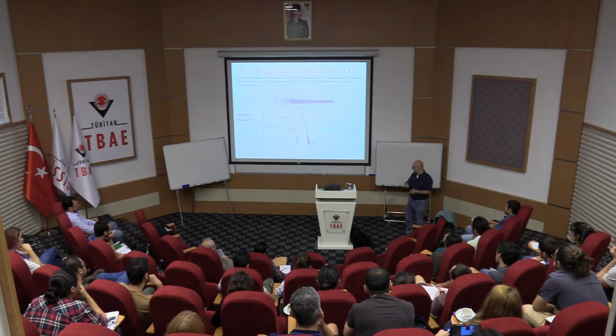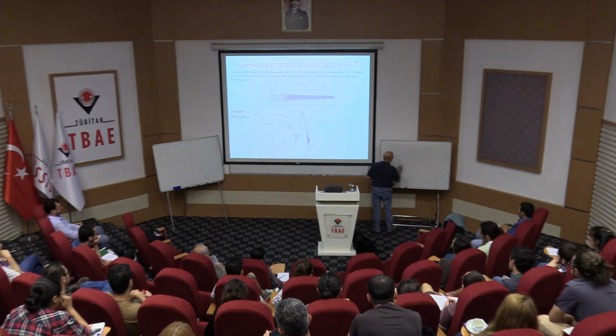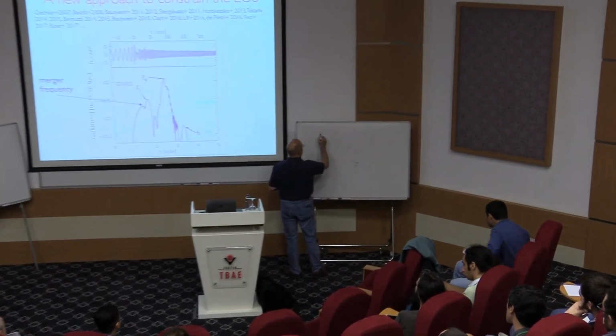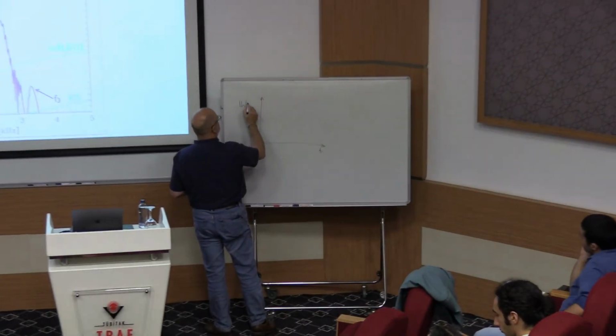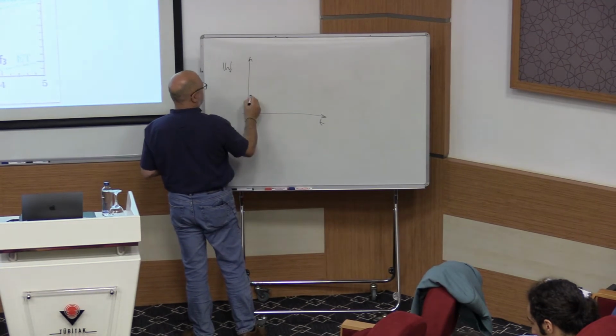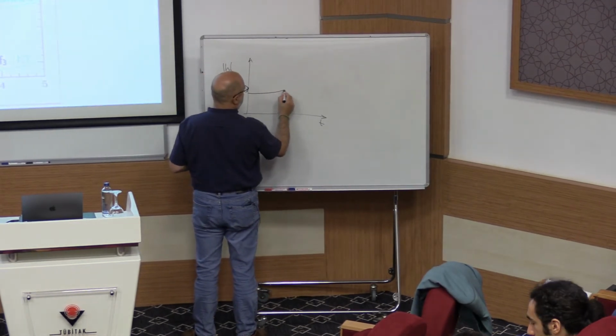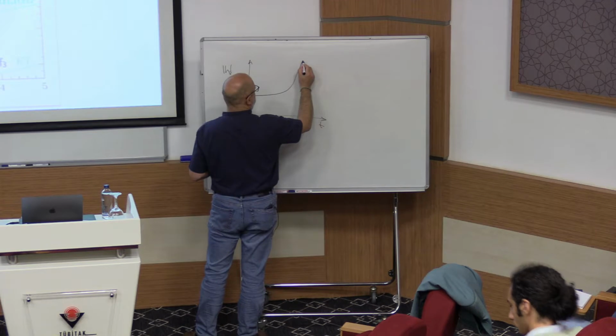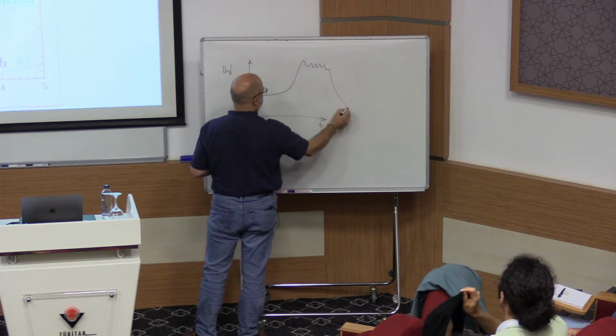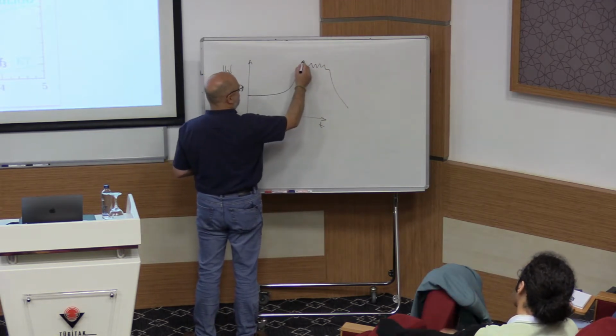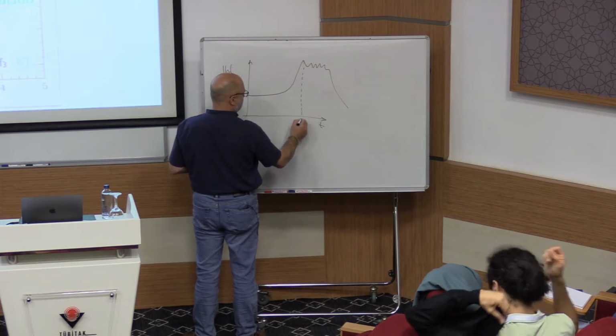What you can do is, in general, if this is time and this is the gravitational wave amplitude, h plus modulus, it will look something like so. It will go up, and there's going to be a first peak, and then there's going to be more peaks, and so on. And we define the merger frequency at exactly this time over here.